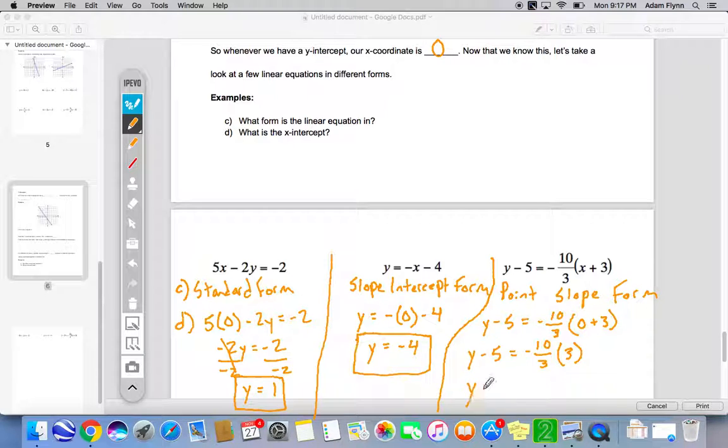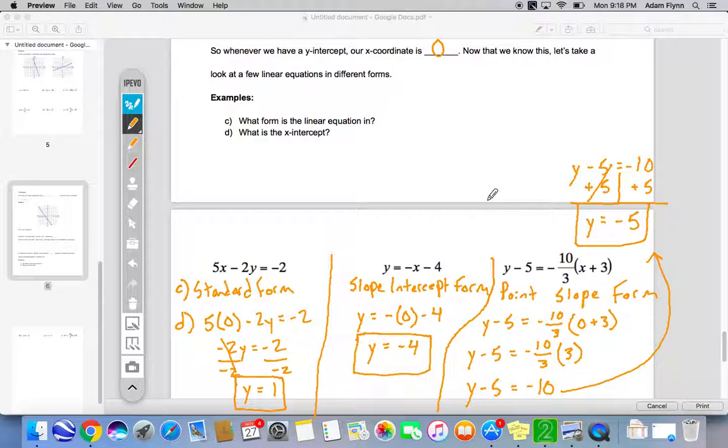So again, I'll keep simplifying. I have y minus 5 equals negative 10 over 3 times 3. Well, my 3's could cancel right here. So this equals negative 10. So y minus 5 equals negative 10. To get the y by itself, I will add 5 to both sides. So 5's cancel, so I'm left with y equals negative 10 plus 5, which is negative 5. So that is my y-intercept for this point-slope form equation.